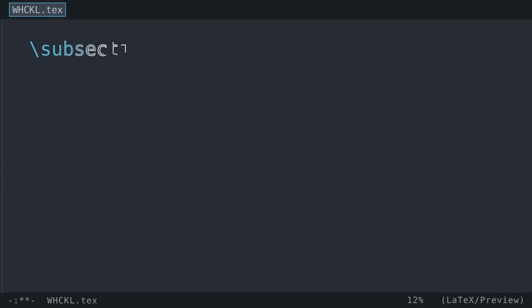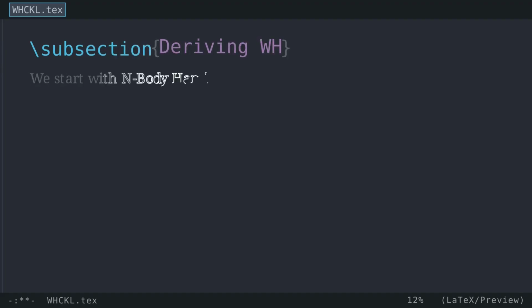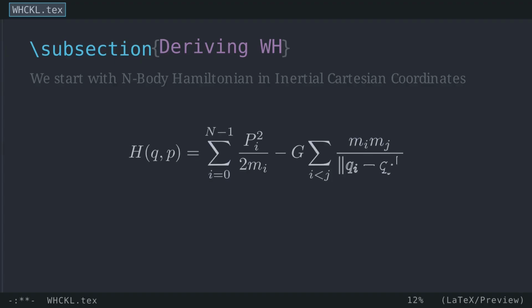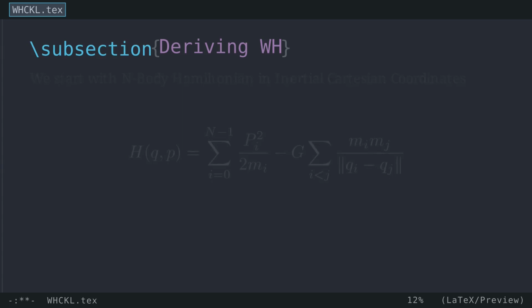To derive the Wisdom-Holman, we start with the traditional N-body Hamiltonian in inertial Cartesian coordinates, with i equaling 0 meaning the central star and the rest simply being the planets. From there, the Hamiltonian is not separable, so we take a different canonical transformation to the heliocentric canonical coordinates.